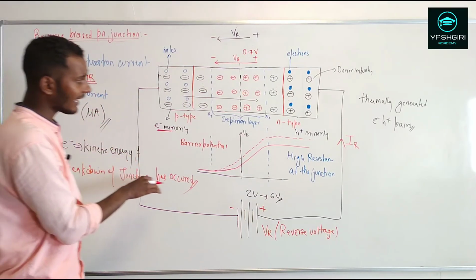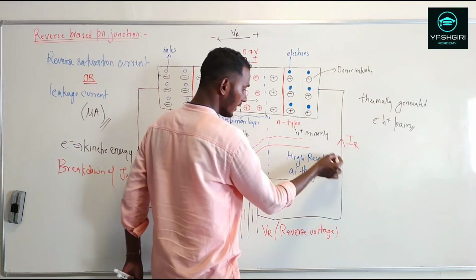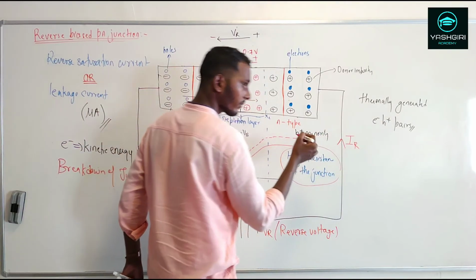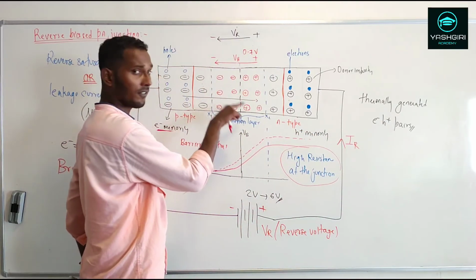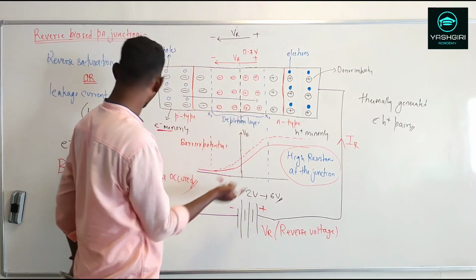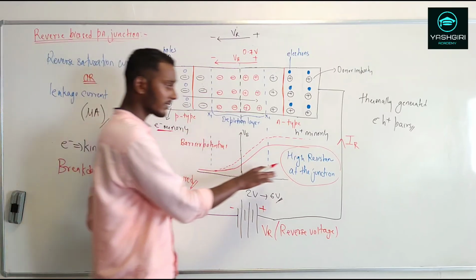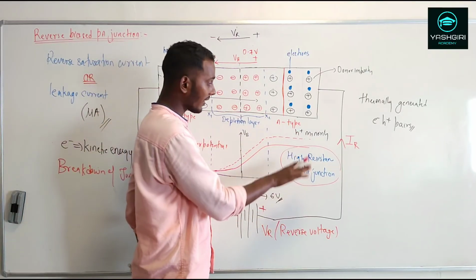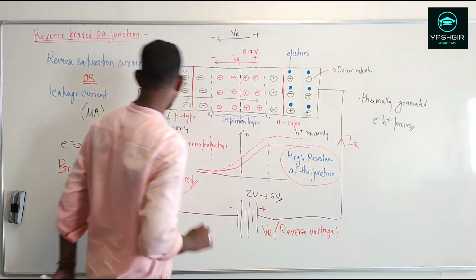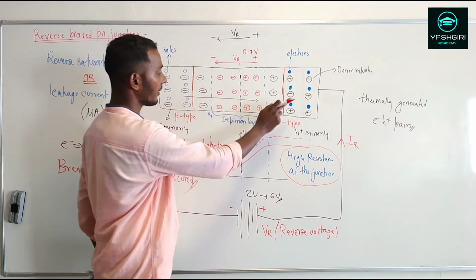Or else you can say that over here I said there was a very high resistance which was opposing the flow of the charge carriers. Now here, once this breakdown of the junction occurs, this high resistance will suddenly fall. So the resistance will be very low, and thereby there will be a flow of charge carriers in this junction diode.